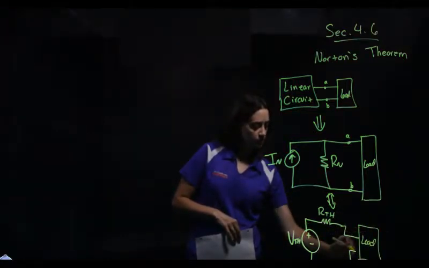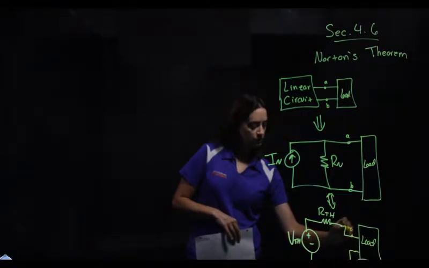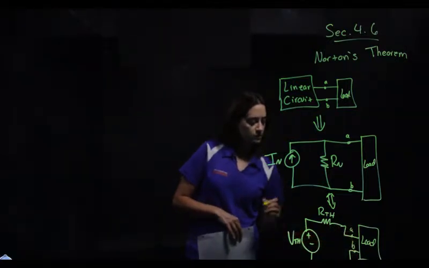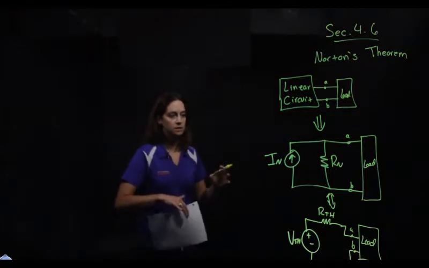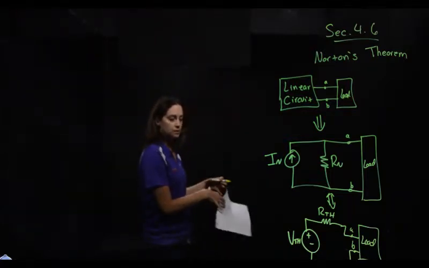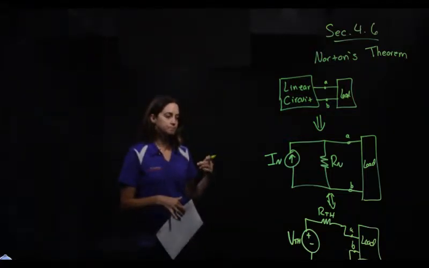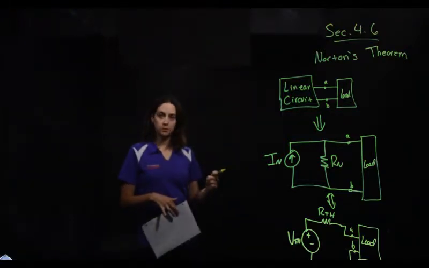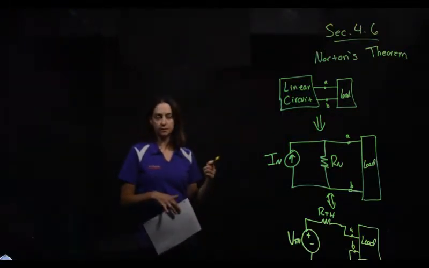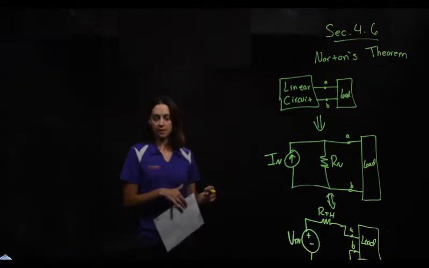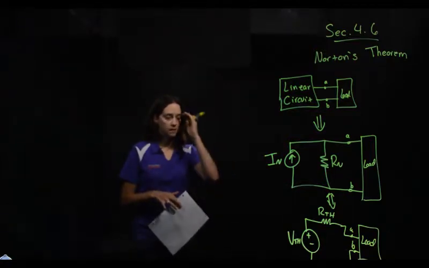So if you can find Thevenin, you can find Norton. If you can find Norton, you can find Thevenin. That's one really great thing about this section: it all goes together and transfers. It doesn't matter which one you find first. You can find the Norton values and use those to find Thevenin, or vice versa.